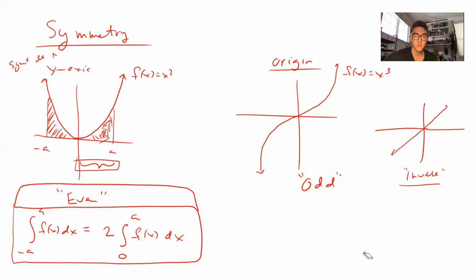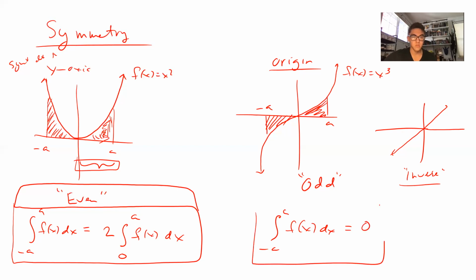Okay, odd functions here. I need from negative A to positive A. The integral from negative A to A of f of x dx is equal to 0 if it is an odd function.